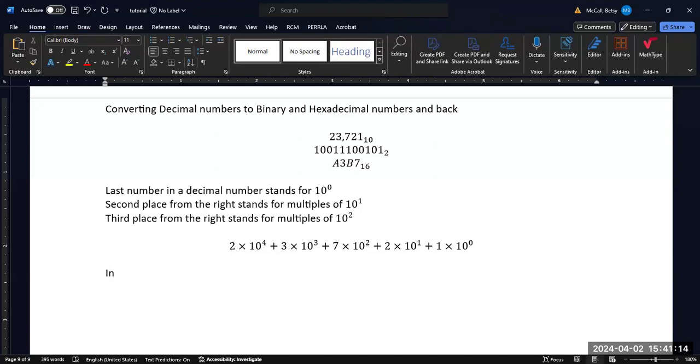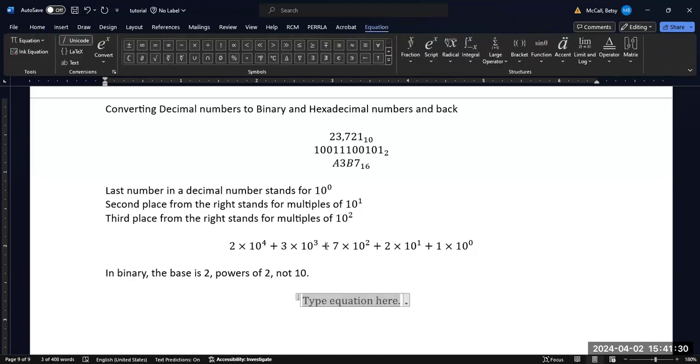Now, in binary, the base is 2, powers of 2, not 10. So again, to process the number we're looking at, these would be our 2 to the 0 power, 2 to the 1, 2 squared, 2 cubed, 2 to the 4, 2 to the 5, 2 to the 6, 2 to the 7th, 2 to the 8th, 2 to the 9th, 2 to the 10th.